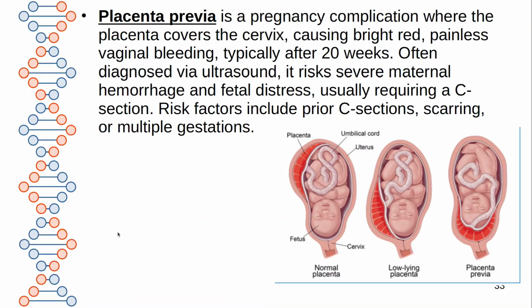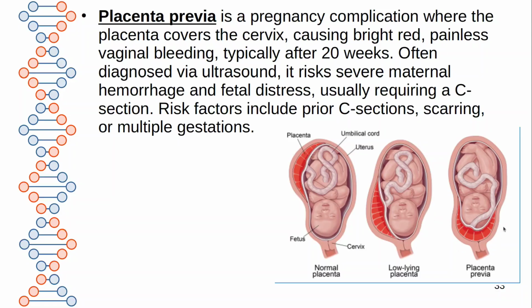Next question is placenta previa, a very important question for final year BSc nursing students for theory and also for the practical. What is placenta previa? It is a pregnancy complication where the placenta covers the cervix, because there is a low lying placenta. You can see in the picture.